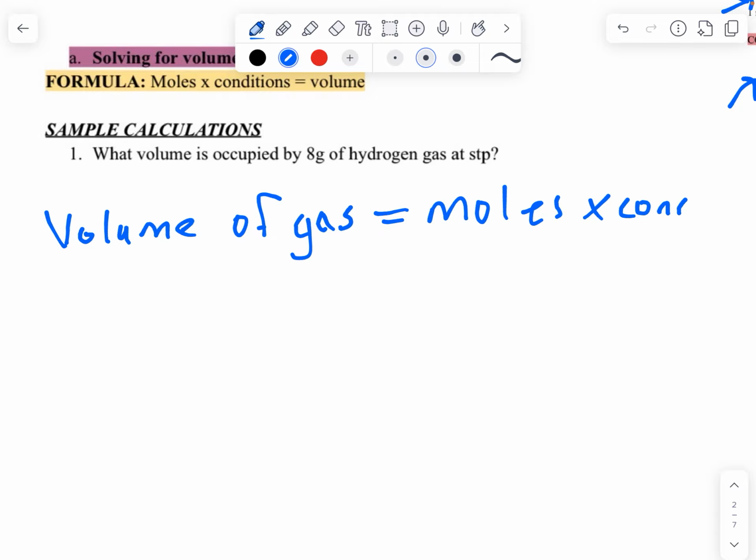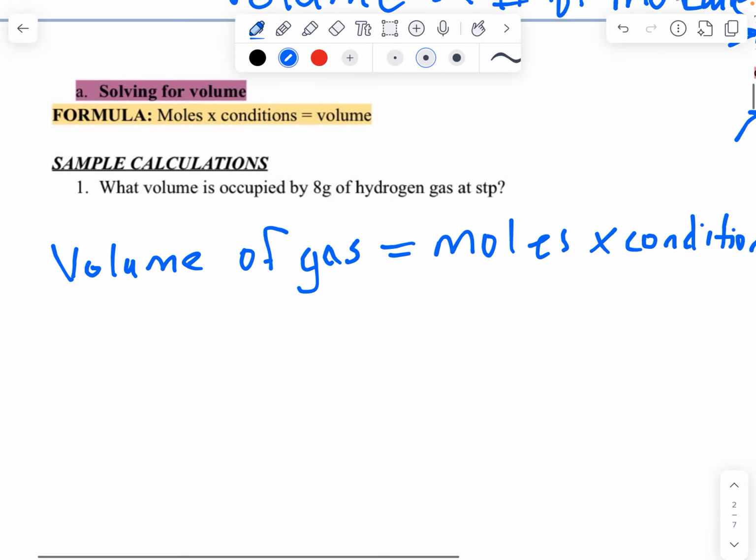This equation you need to remember for everything. It is one of those equations that comes back all the time in the mole concept. It comes back in energetics, it comes back in electrolysis. Once you know how to calculate the volume of a gas, you are good to go. So this equation is important: volume of a gas is equal to moles times condition.